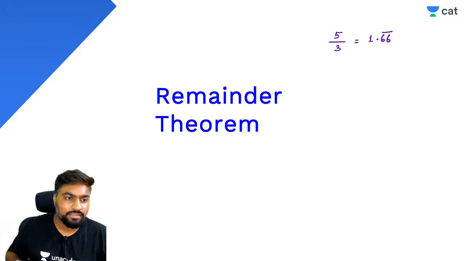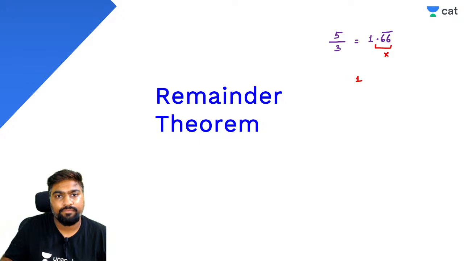If this 0.66 bar was not to be considered, if I had just 1 left, 1 multiplied with 3, I would only have 3. That means from 5, how much is it less? 2 less. This is called your remainder.